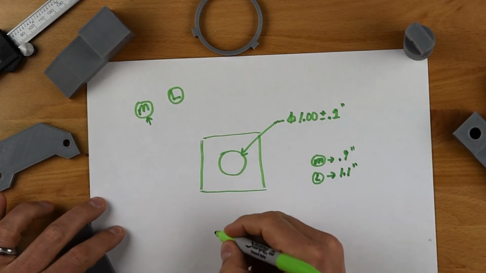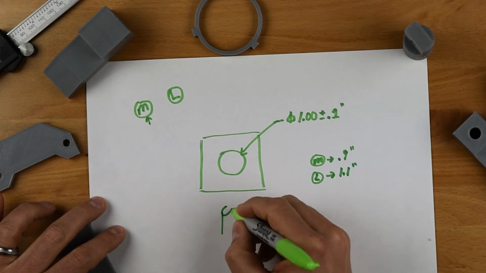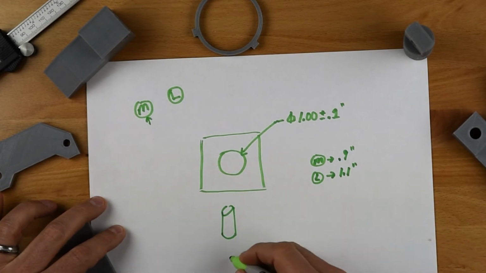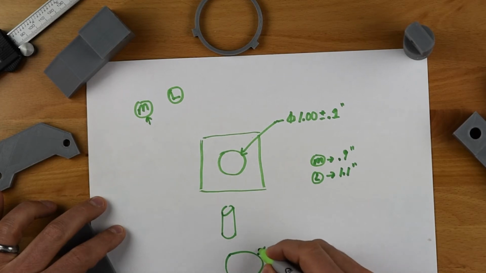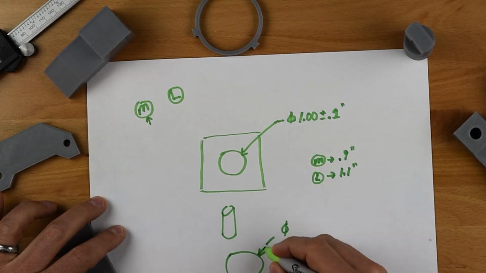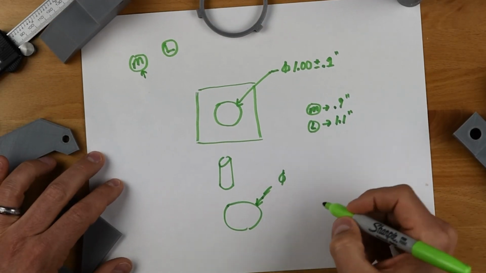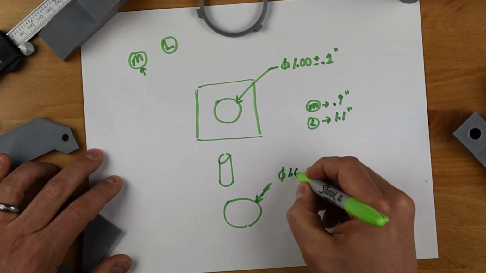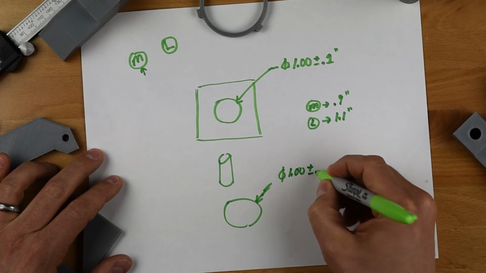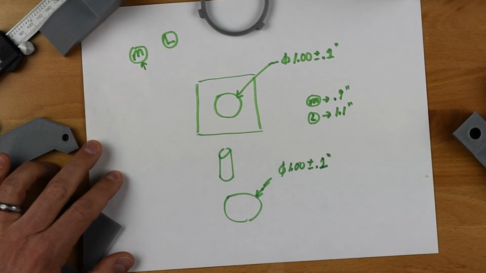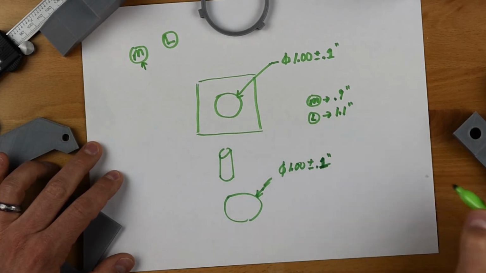Now the opposite holds true when we deal with a cylinder. If we had a cylinder or a peg, and this peg happened to have the exact same dimension, the exact same tolerance, that's a 1 by the way.